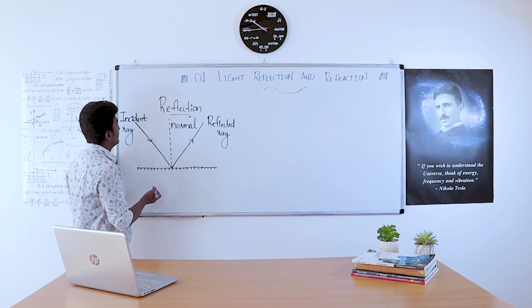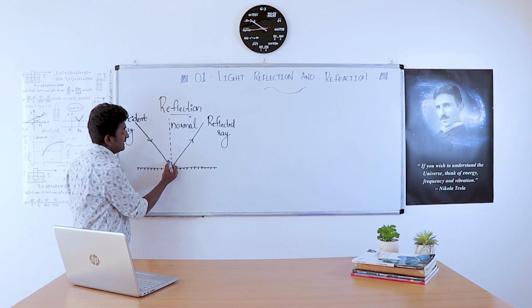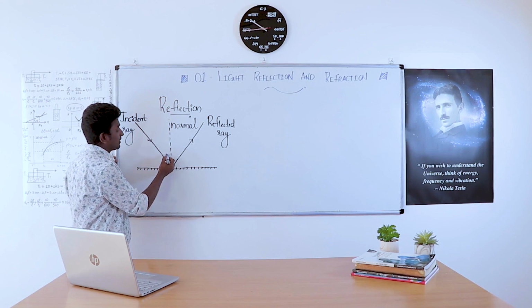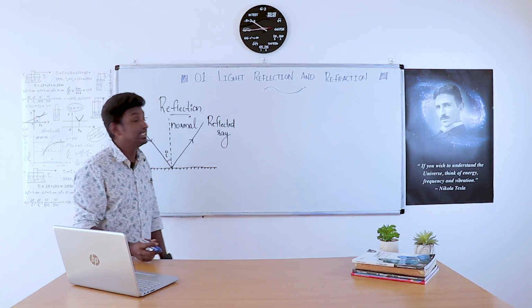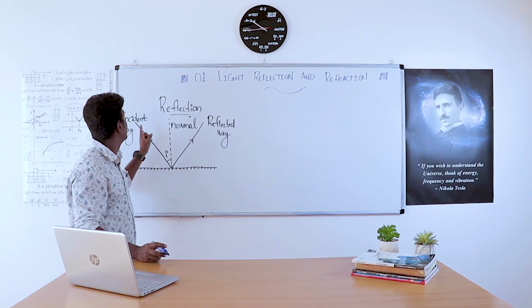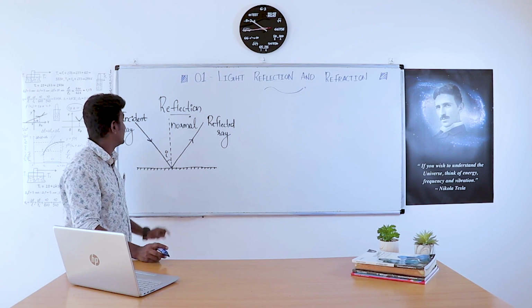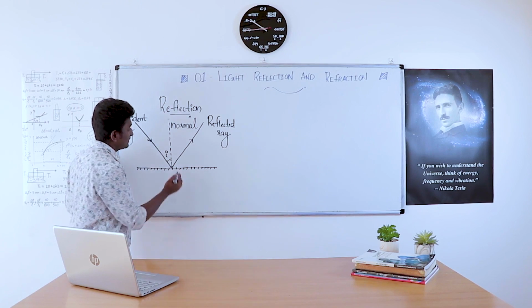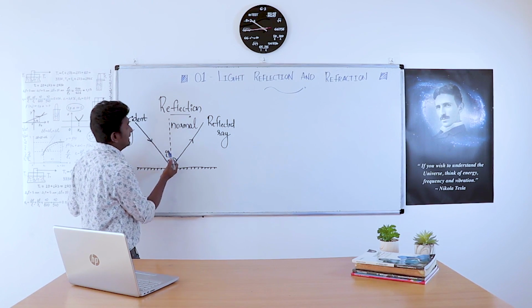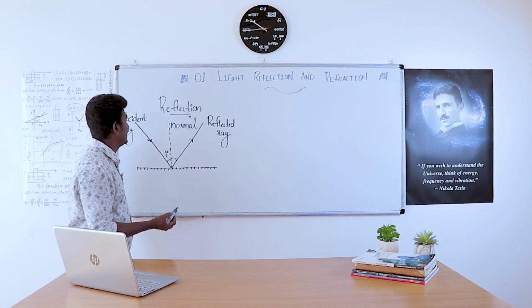Now look here. There is an angle between the incident ray and the normal. This angle is known as the angle of incidence. There is an angle between the reflected ray and the normal.